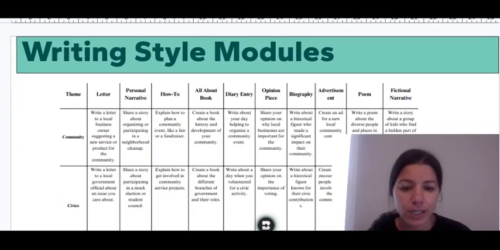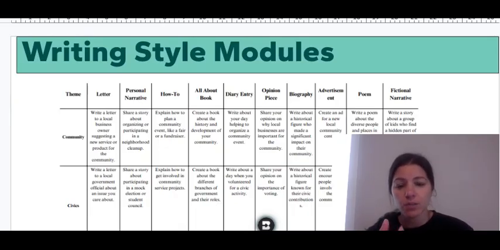Maybe they're writing a diary entry about how they can organize an event or share an opinion on why local businesses are important for the community. Maybe they're going to write a biography or create an ad, or write a poem or a fictional narrative, right? These are all components of genre specific writing that can be embedded and aligned to your mentor texts.